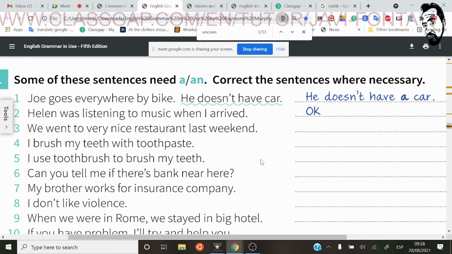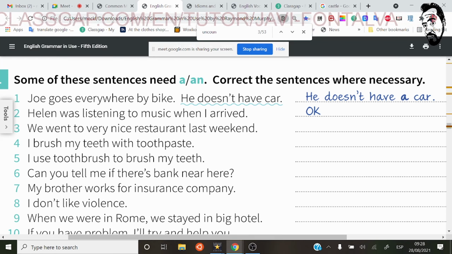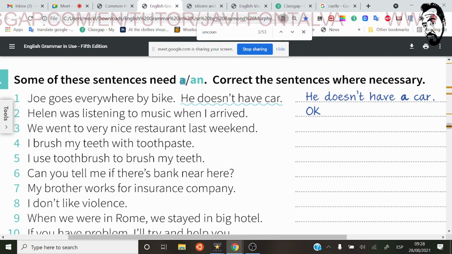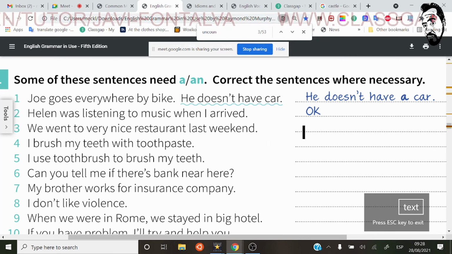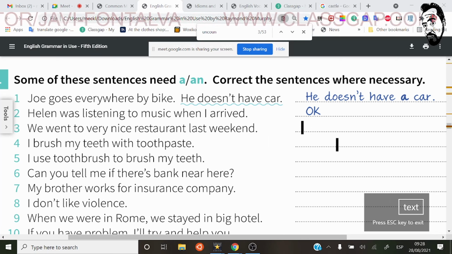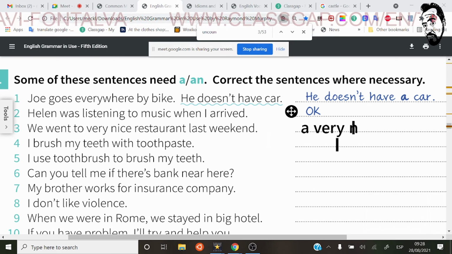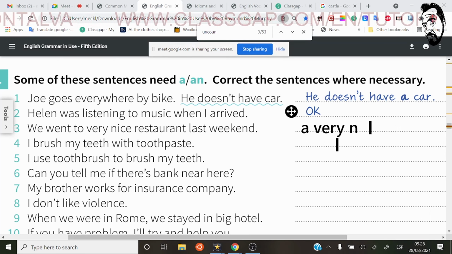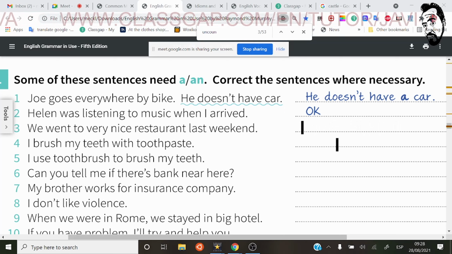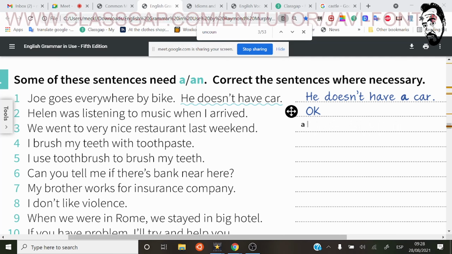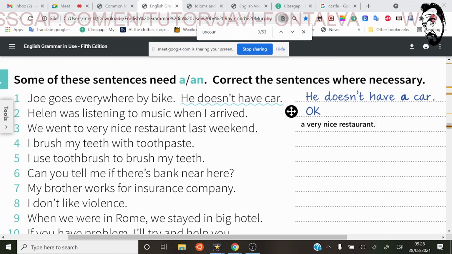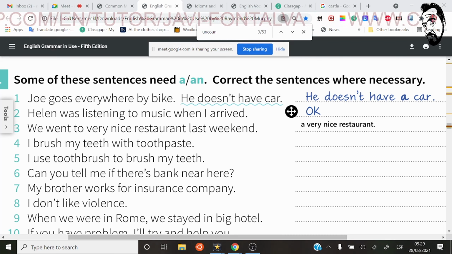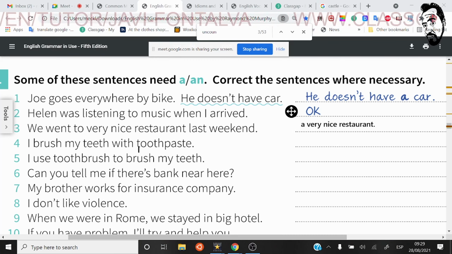It's wrong. You need to say a very nice restaurant. We went to a very nice restaurant. So with restaurant, you need to say a or a number or something like that.